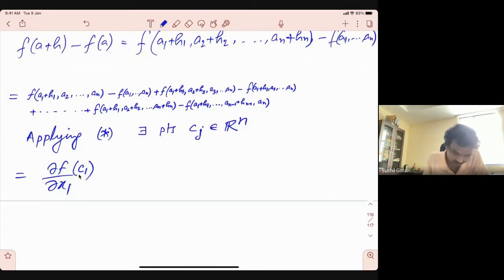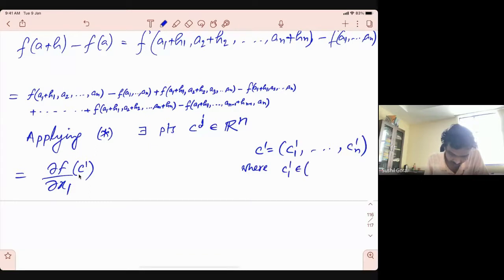C1 is a point, C1 is just (C11, ..., Cn1), where C11 lies in the interval A1 to A1 plus H1, and Cj1 is just Aj for all j greater or equal to 2. C1 is this one.